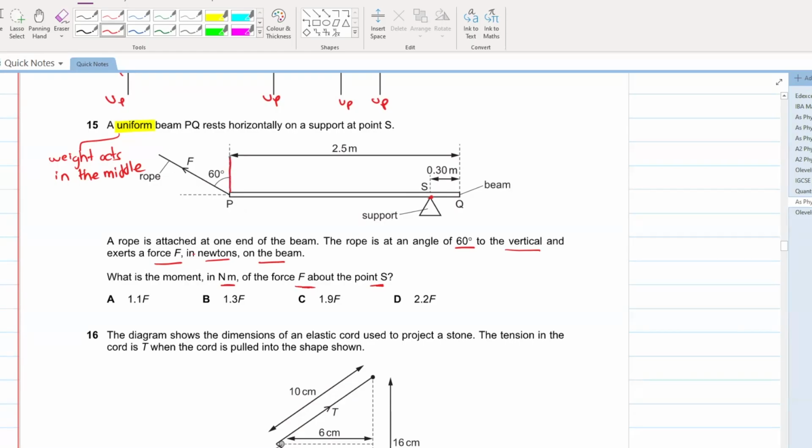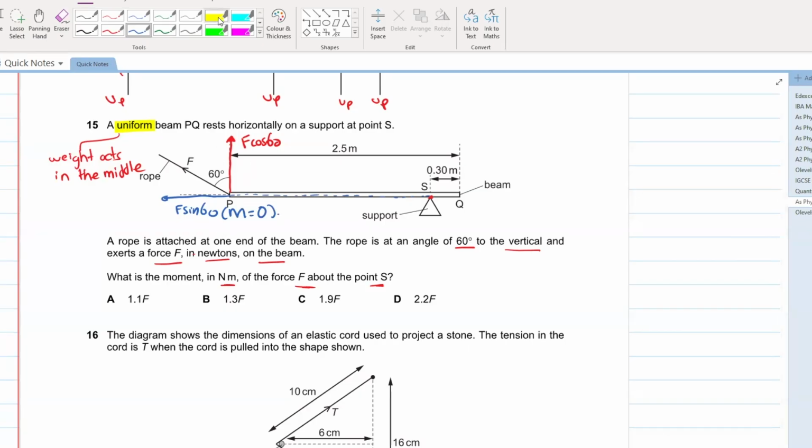You will say this is the component F cos 60, one component of the force, and the other component will be F sin 60. If you have been paying attention in the class, you might know that this F sin 60 component is passing through the pivot. Hence, this will generate a moment of 0. Only the F cos 60 will generate a moment.